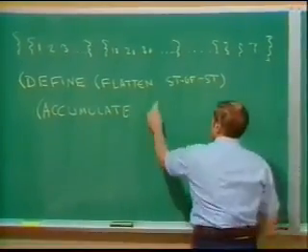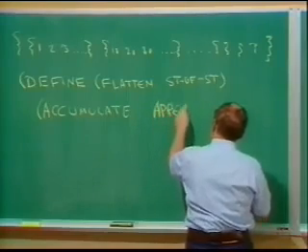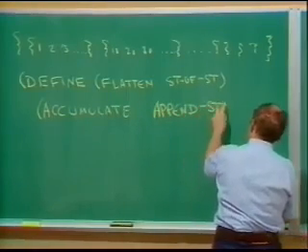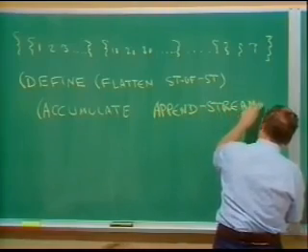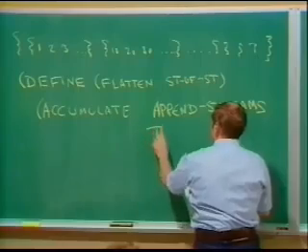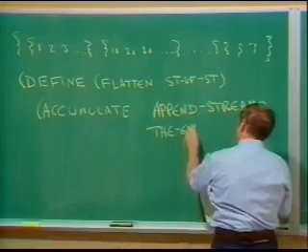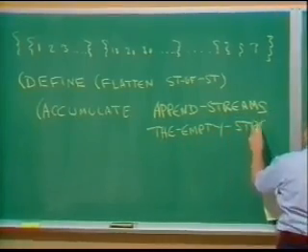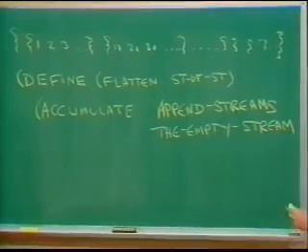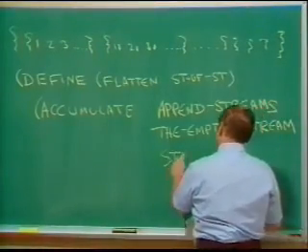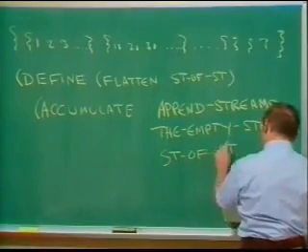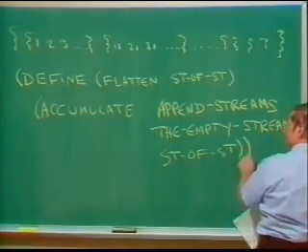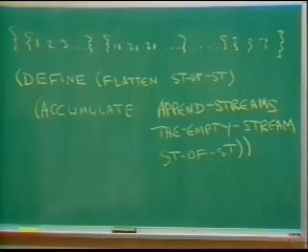So I accumulate using append streams, starting with the empty stream, down that stream of streams. Okay, so there's an example of how you can start using these higher order things, do some interesting operations.